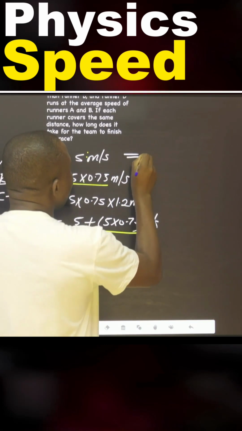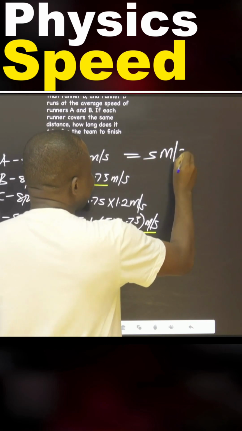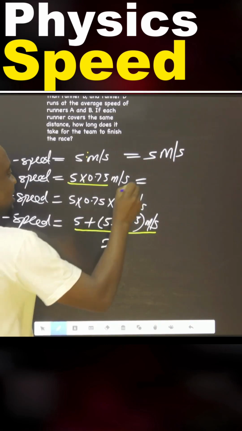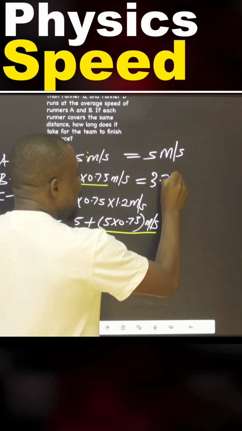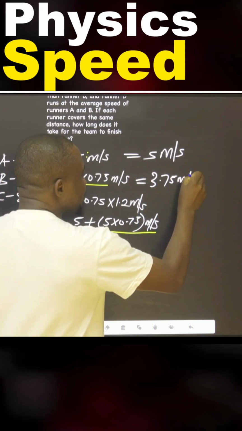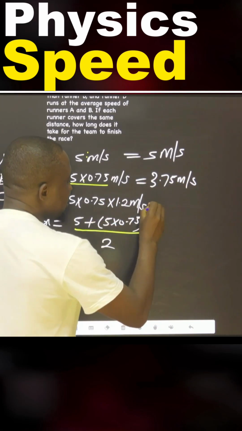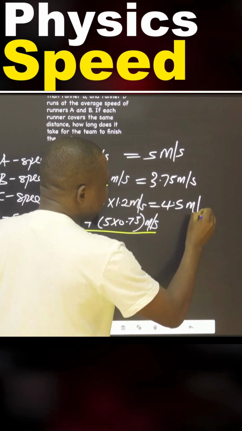For this, we already know is 5 meter per second. For this, 5 multiplied by 0.75. That is 3.75 meter per second. Okay? What about this? Multiplied by 1.2. Let's do that. This is 4.5 meter per second. Okay?